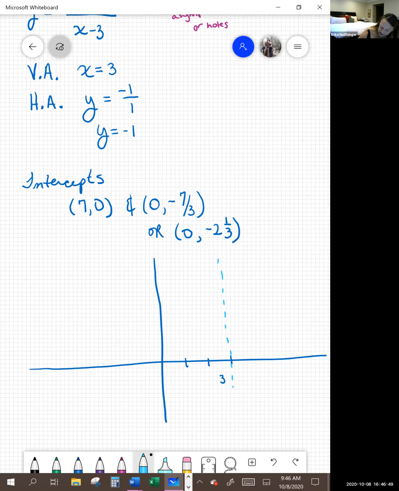We have a horizontal asymptote at y equals -1.